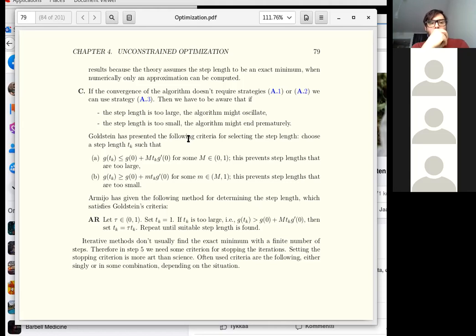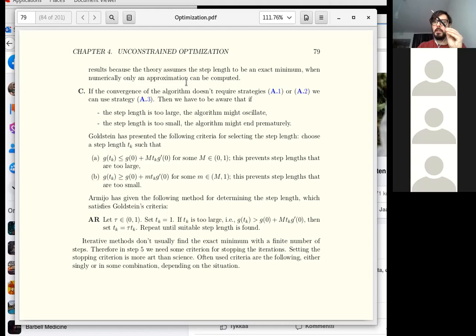Here are certain ideas for the step length. If you are able to calculate the derivative of this step length, then find a coefficient that bounds the change. This G at 0 is where you are at.